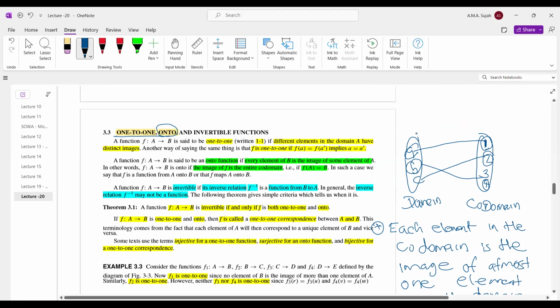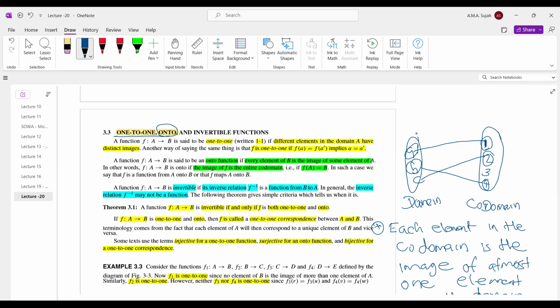So 1 is an image of domain element A. 2 is an image of domain element C. Similarly, 3 here. Similarly, 4 is an image of element B. So an image is only for a codomain element which has been assigned a domain element.